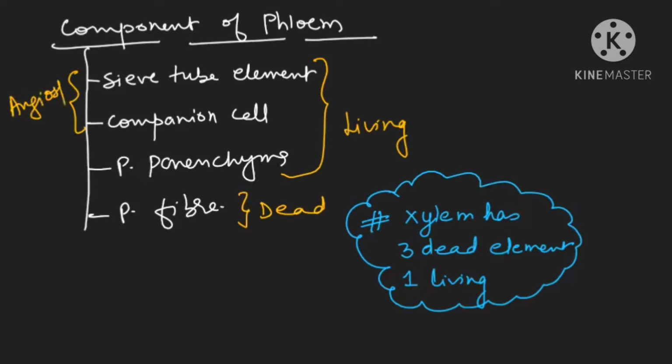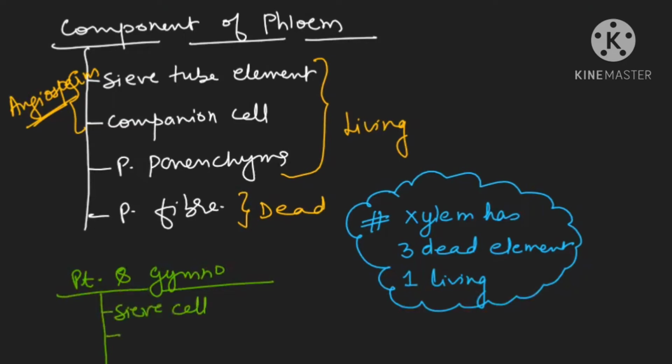So these are the components of the phloem, and these components, check carefully, are present in angiosperms. It means in the gymnosperms and pteridophytes, the components will change. So see here, in case of pteridophytes and gymnosperms, instead of sieve tube, they are having sieve cell. And instead of companion cells, they are having albuminous cells.